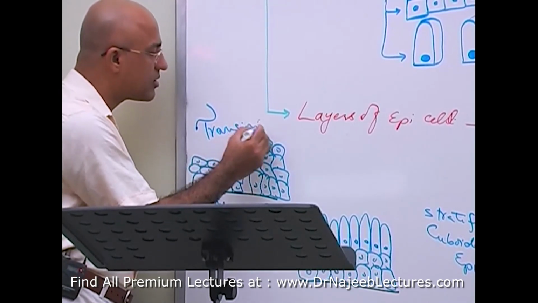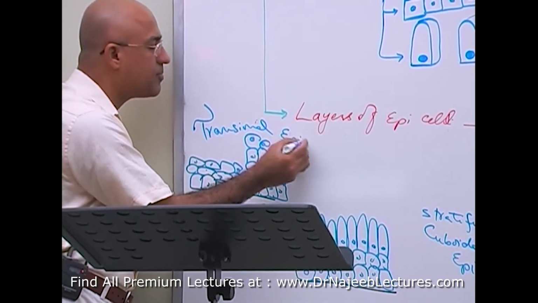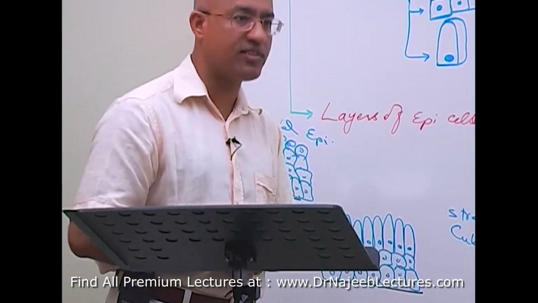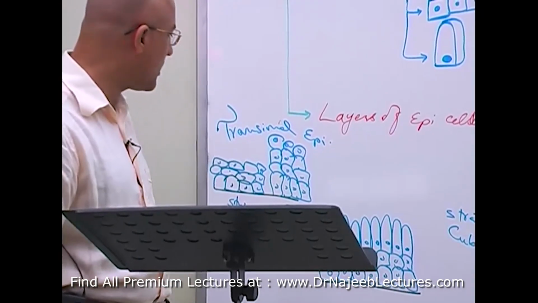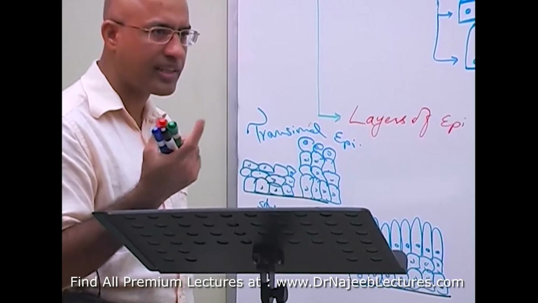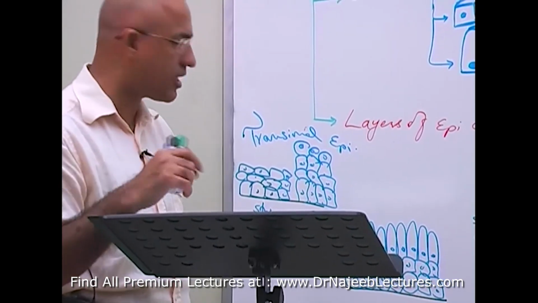Transitional epithelium is only found in the urinary system, right? In the ureters and the minor calyces which drain the kidney, and the urinary bladder and urethra.